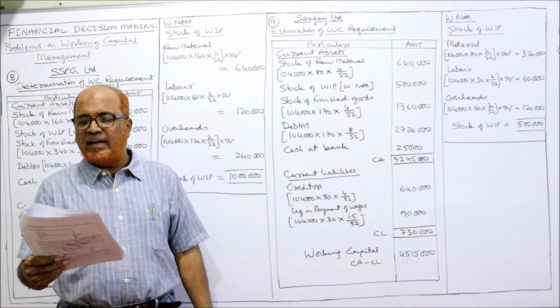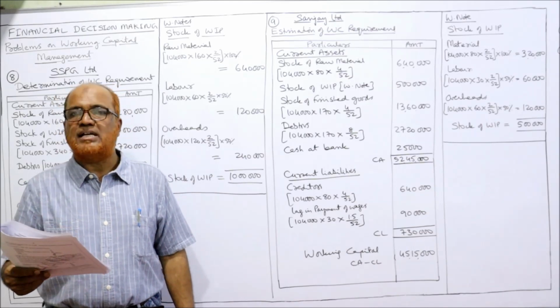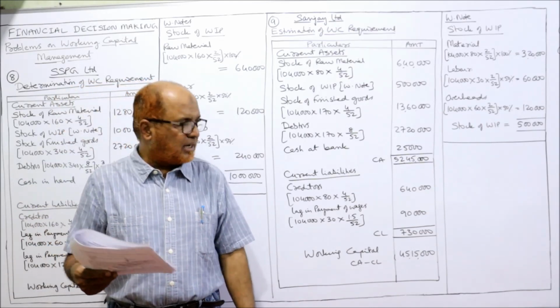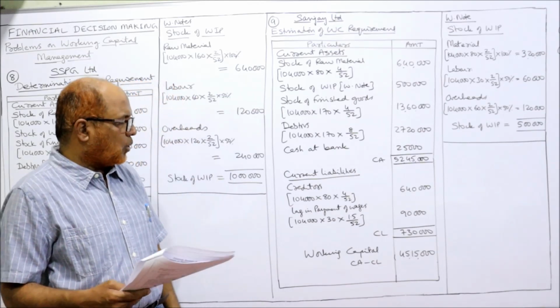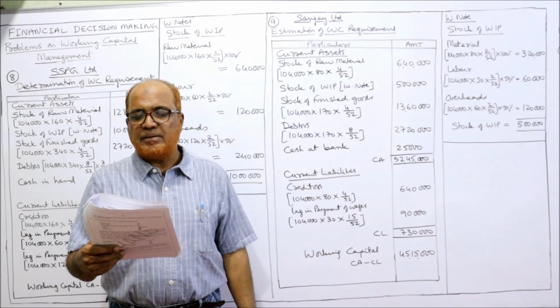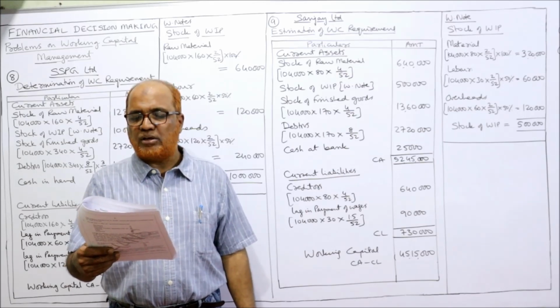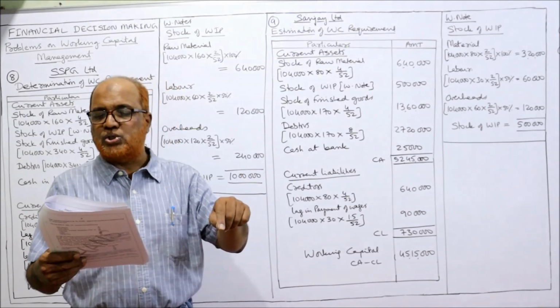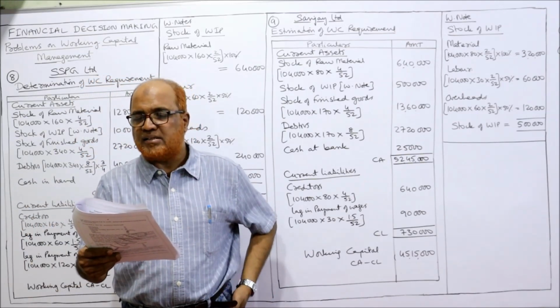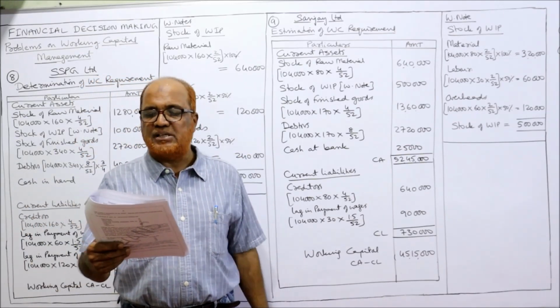Prepare an estimate of net working capital requirement for Sanjay Limited, adding 10% for contingencies, from the information given below. Okay, 10% contingency we have to add up, right? Estimated cost per unit of production is 170, which includes raw material 80 rupees, direct labor 30 rupees and overheads exclusive of depreciation.